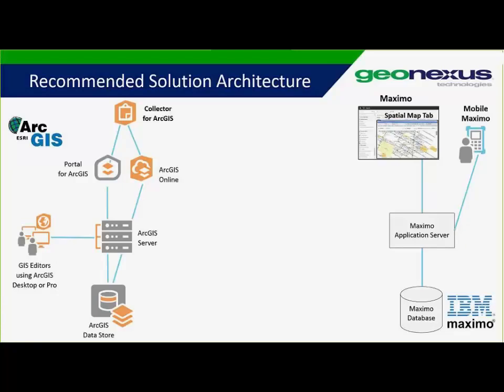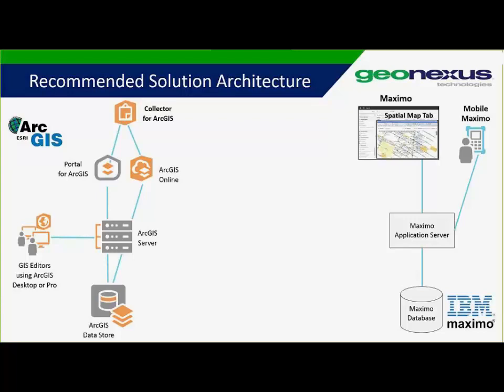So now I want to talk a little bit about the solution architecture. This is a slide that we use quite a bit to kind of show where GeoWorks fits into the architecture that you may have for your Maximo and GIS system. On the left-hand side is the Esri technology stack. You typically have a GIS data stored, your geodatabase, maybe that's an Oracle or SQL Server, uses ArcGIS Server technology to serve that information out to your users.